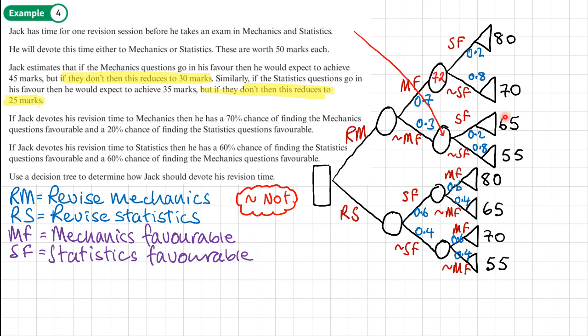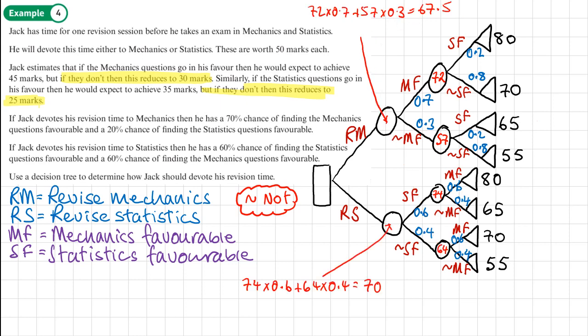Next, for this one here, we will have 65 times by 0.2 plus 55 times by 0.8, and that gives a value of 57, so we'll put that in the circle. Next we'll have 80 times by 0.6 plus 65 times by 0.4, which is 74. And then 70 times by 0.6 plus 55 times by 0.4, which gives us a value of 64.